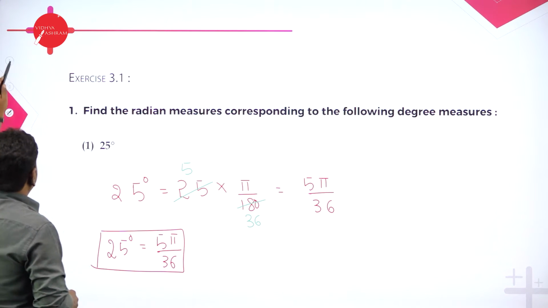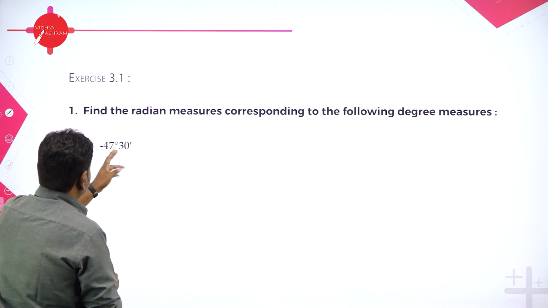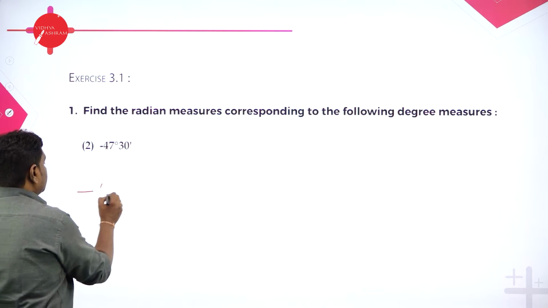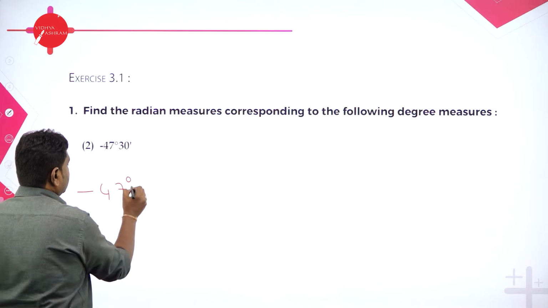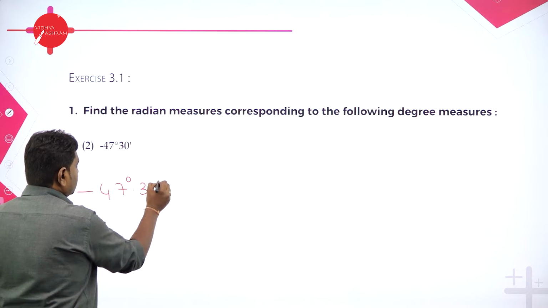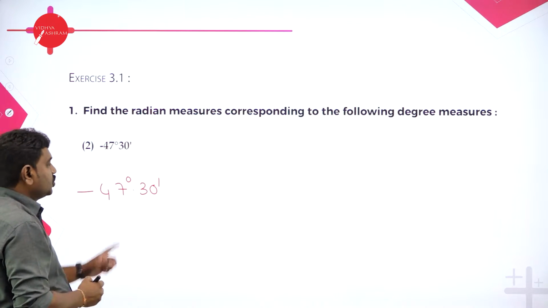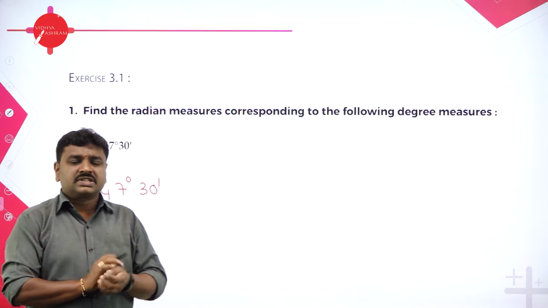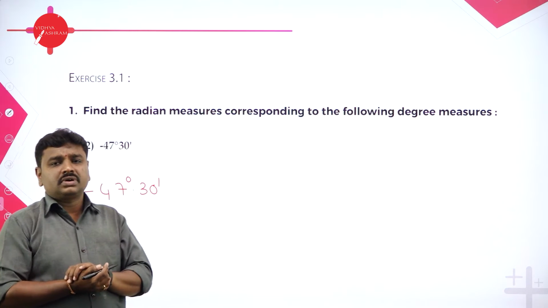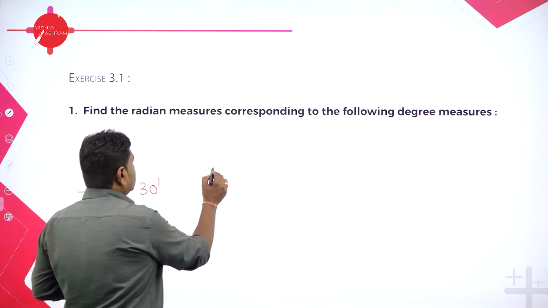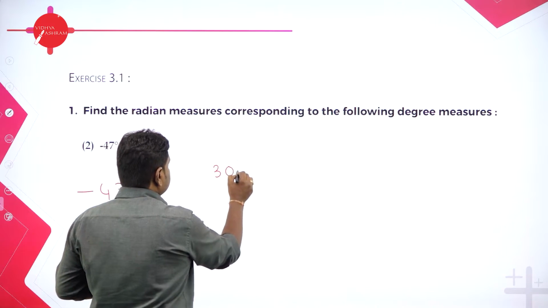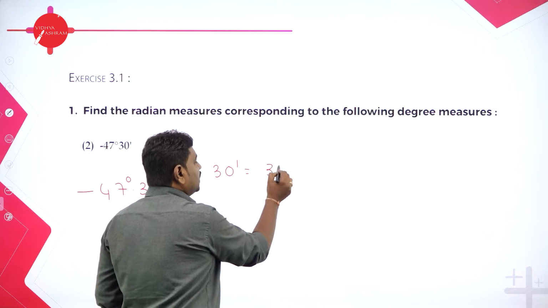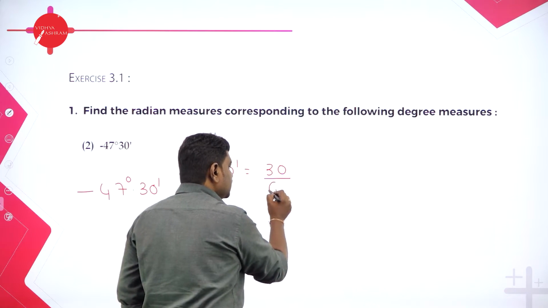Now second one, minus 47 degree 30 minutes. Before we go to this, first you should know one part is in degree, one part is in minutes. Convert minutes to degrees. So 30 minutes is equal to 30 divided by 60 degrees.